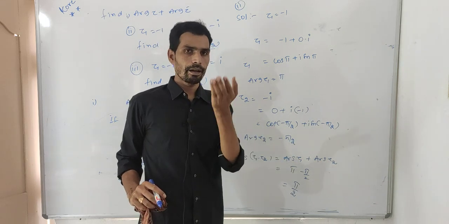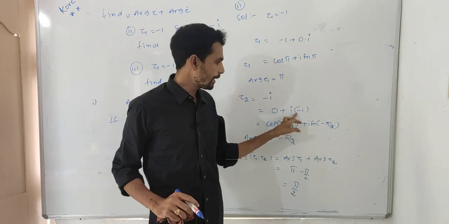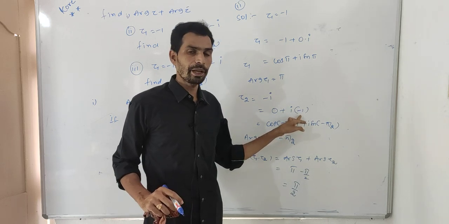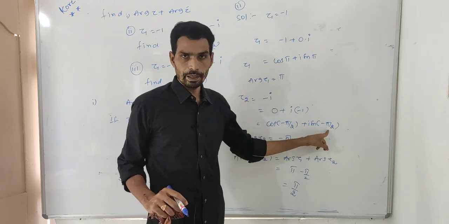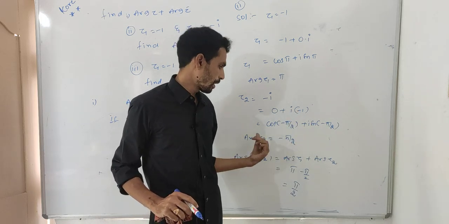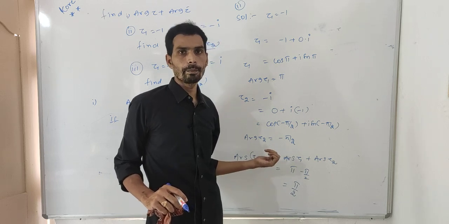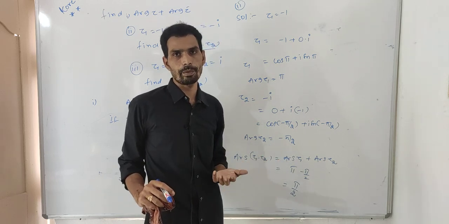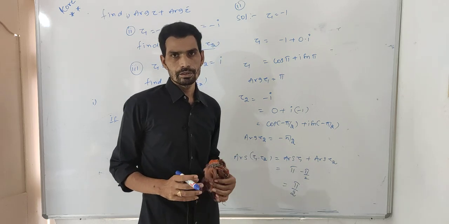Cos pi by 2 value is 0, but in I into minus 1, sin pi by 2 value is plus 1, but I want minus 1. So sin of minus pi by 2, here cos of minus pi by 2, arg Z2 value is minus pi by 2. All of you know what the formula is: arg Z1 into Z2 means arg Z1 plus arg Z2.